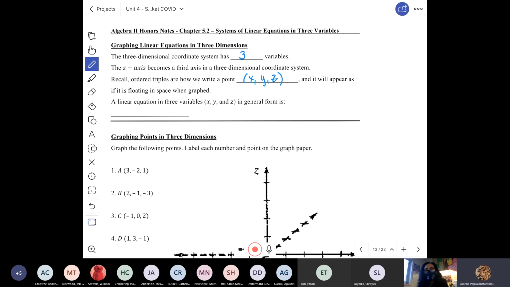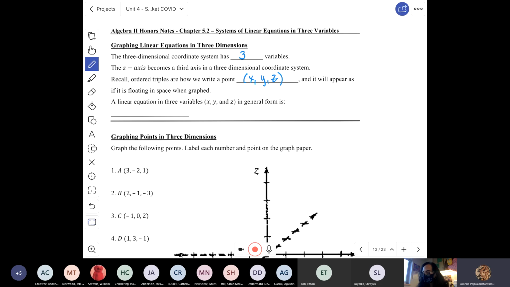Now, it's kind of difficult to represent 3 dimensions on a planar surface, on a 2-dimensional sheet of paper. It's difficult, but we're going to do our best, and we're going to plot points in 3 space, ordered triples. We've now introduced the Z variable, the Z axis, which is going to be your vertical axis.